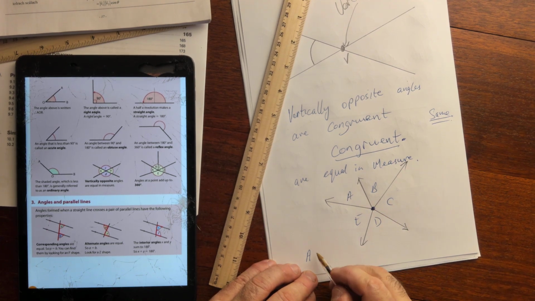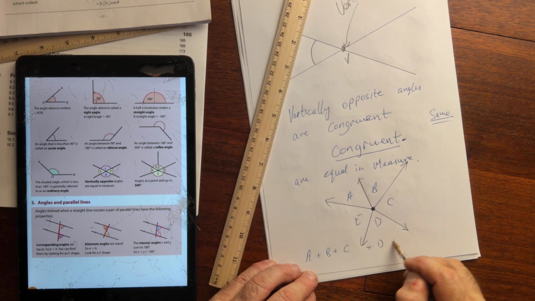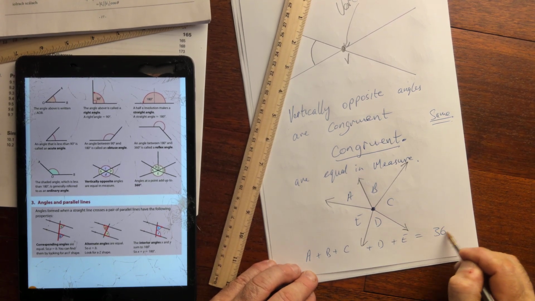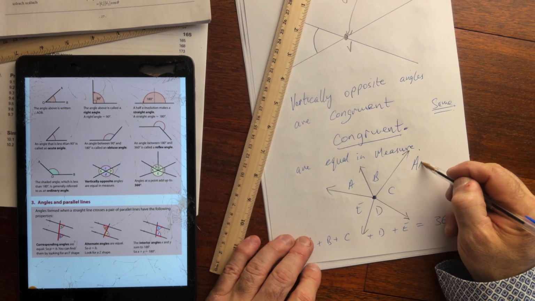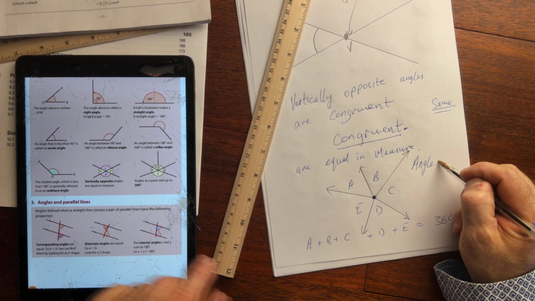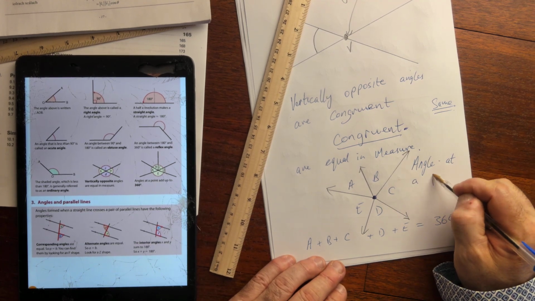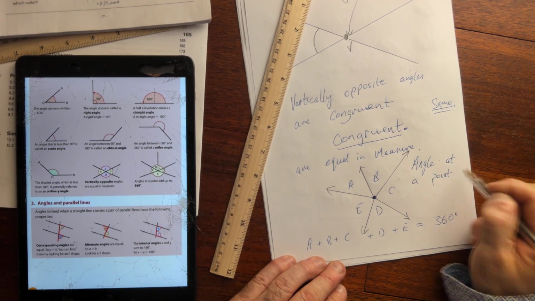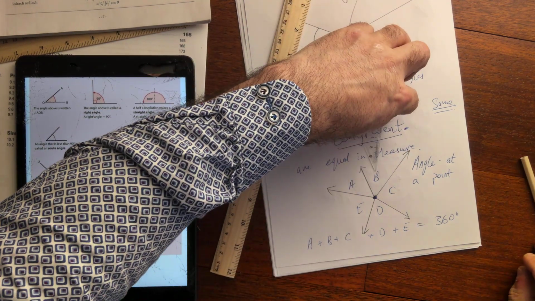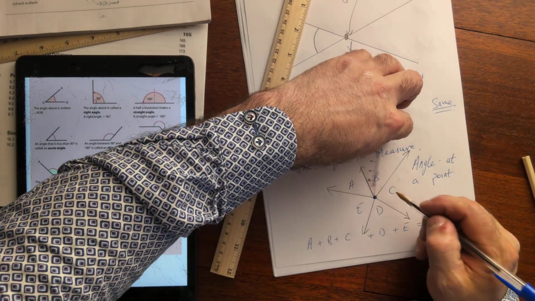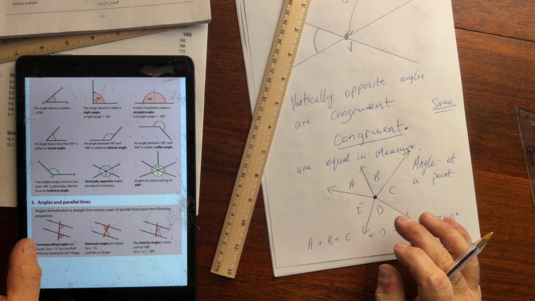So A plus B plus C plus D plus E equals 360 degrees. The language we use is angles at a point. I could even add another one there, but I'm not going to, because then I'd have to break up the B.